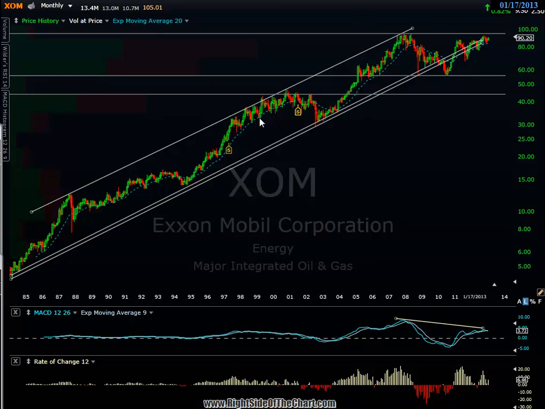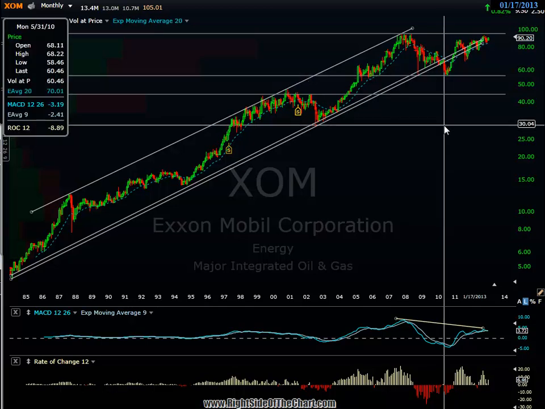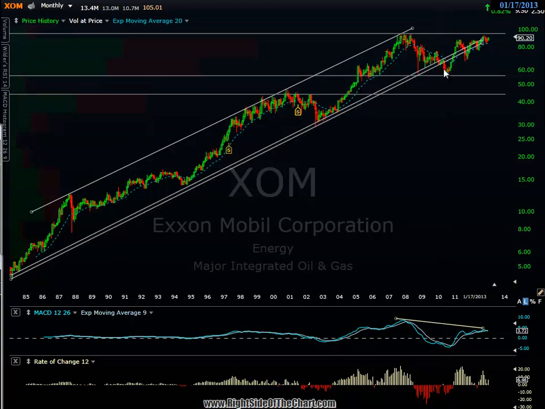Let's just drill down real quickly, starting with a monthly view. This is a long-term channel going back to 1984 that ExxonMobil broke below during the last bear market, or actually, I take that back, this happened in 2010. Price has shot back up and since then has been flirting with it.